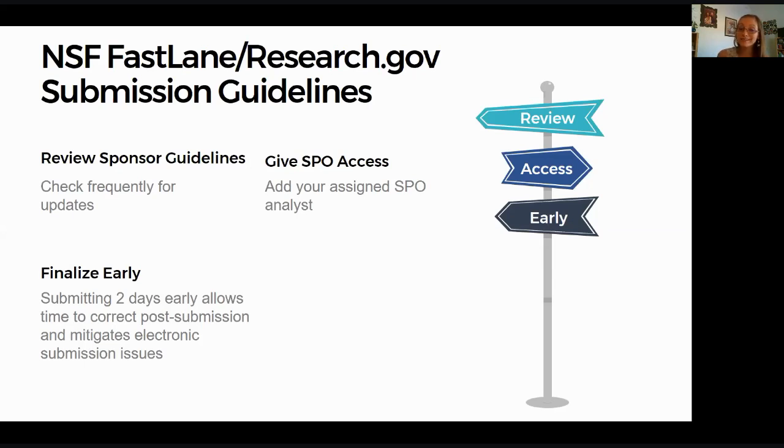But if you submit it a day early or 2 days early and there's a technical glitch, there's no worry there. Also, you can often revise a proposal after it's submitted. So if you submit it 2 days early, but then the PI wants to change like the title or something that we don't have to review, obviously, then that could often be changed after it's submitted. You can do an update for many sponsors if the deadline hasn't reached yet.